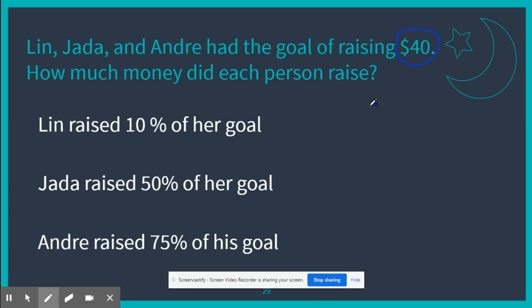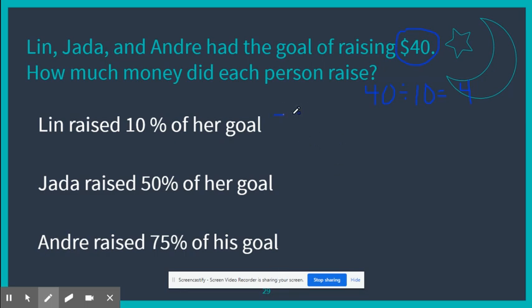What are we dividing by? 10. So I'll remind you how you get started. 40 divided by 10 equals 4. So now you're going to draw a bar graph for each one of these.